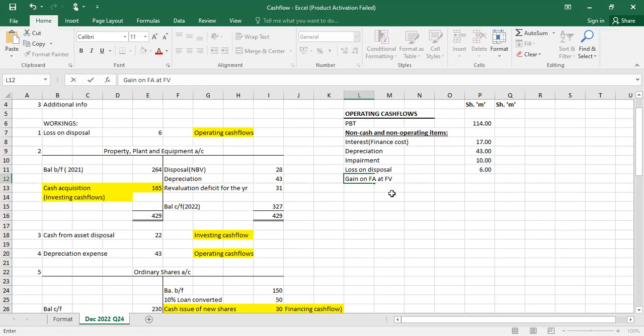Because when you are told they gained, that gain was simply through revaluing them. Revaluation is an item which is purely non-cash. So again, you added it to the profit, so you minus. Now that's a 5.